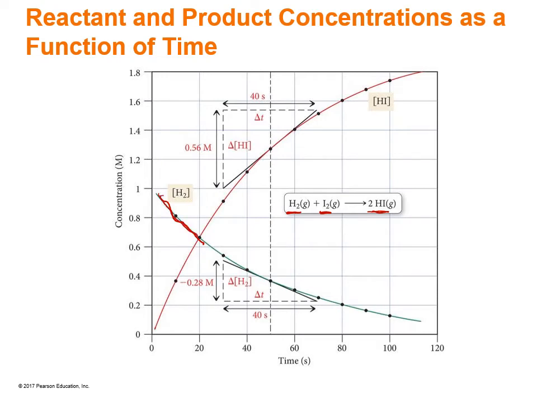As our products are made, the concentration is going to increase over time. And if we want to calculate the rate, we can pick 2 points along our graph in order to do our calculation. Now, we can pick any 2 points.